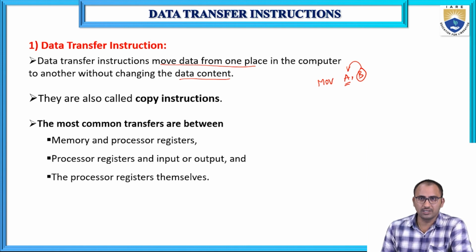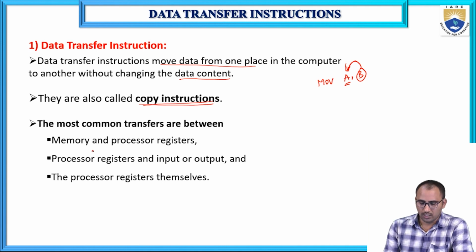These data transfer instructions can also be called copy instructions, because we are copying the data from one register to another register. And using these instructions, we can copy the data from one place to another place within the computer. From where to where? Between the memory and processor registers.